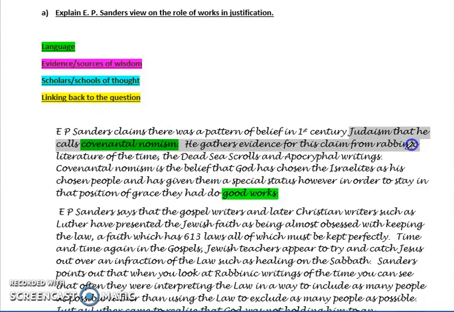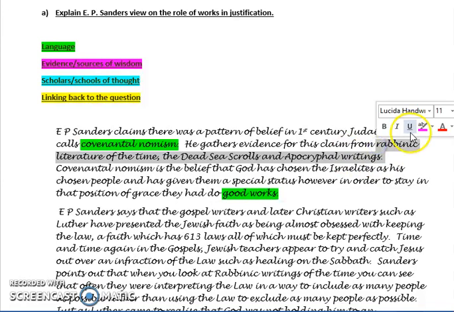So he uses rabbinic literature of the time. He uses the Dead Sea Scrolls and apocryphal writings. He does, like Crossan, reject a few of St. Paul's letters and reject some Old Testament writings in order to support his case.